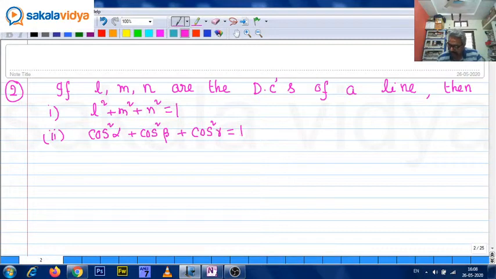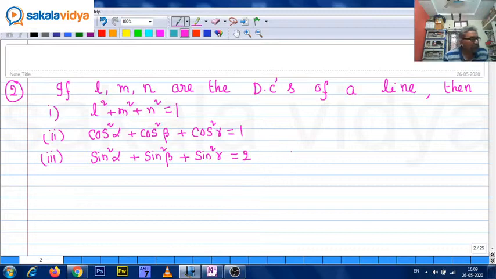Now substitute cos square alpha equals 1 minus sin square alpha, cos square beta equals 1 minus sin square beta, and cos square gamma equals 1 minus sin square gamma. Then we get sin square alpha plus sin square beta plus sin square gamma equals 2. So we shall get this relation.